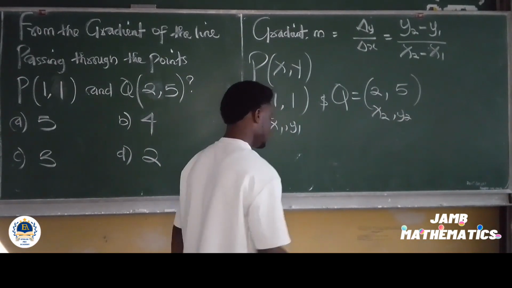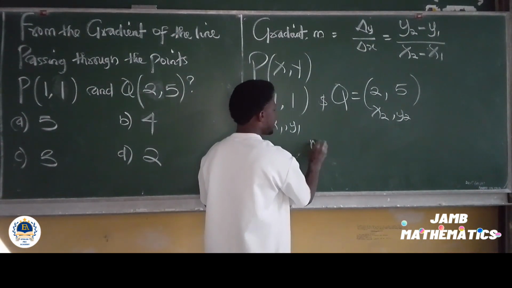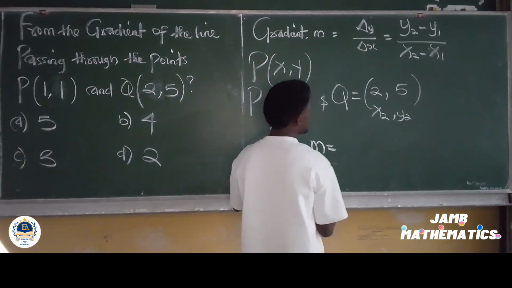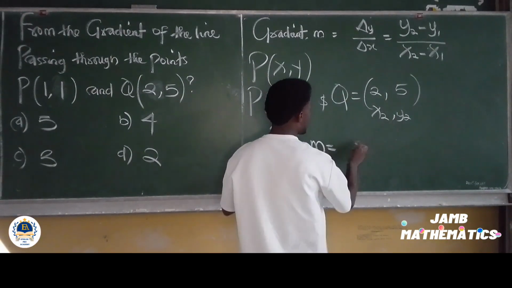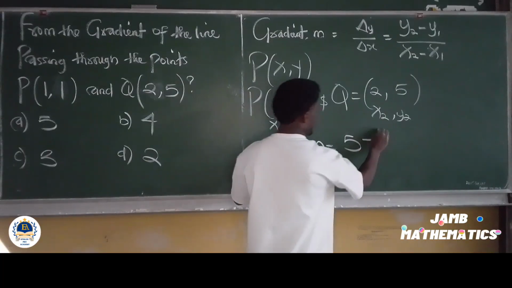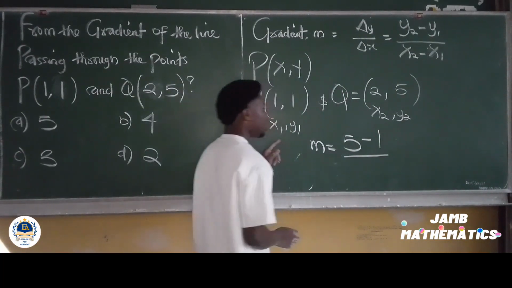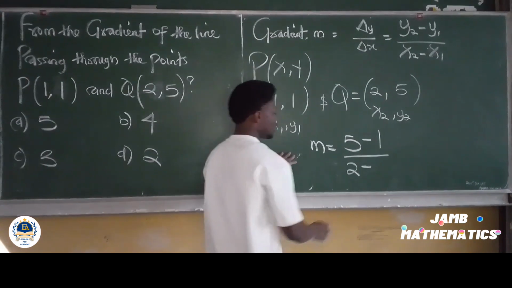So we can substitute this into the equation. In the equation, gradient m is equal to change in y, y2 minus y1, and y2 is 5, 5 minus y1 is 1, all divided by x2 is 2, and x1 is 1.